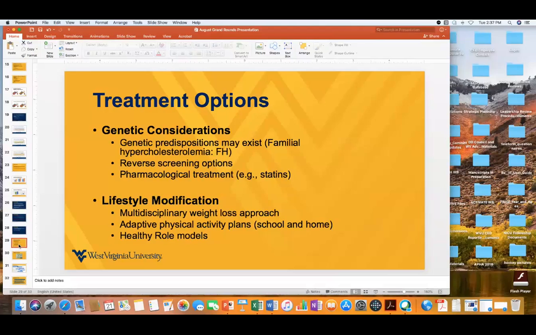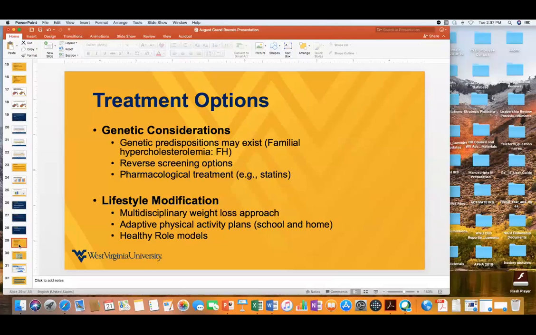And just another interesting fact that I always love to hear the story of: our heritage in West Virginia came a lot from Scotch-Irish heritage with the mines. Where we see similar patterns of cholesterol issues is in Scotland and Ireland. They have similar rates.